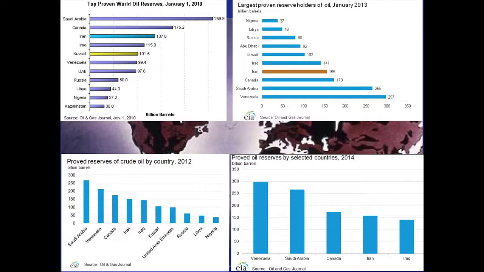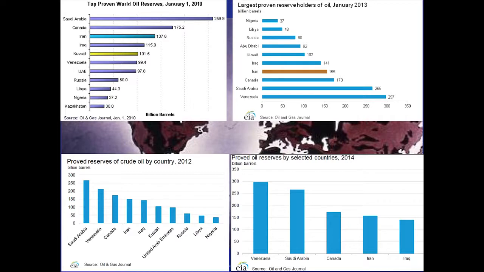This slide will show you where the reserves are over a series of years. This data was taken from the Oil and Gas Journal in various settings, and you can see that in 2010, January 1st of 2010, Saudi Arabia had the most reserves of nearly 260 billion barrels.